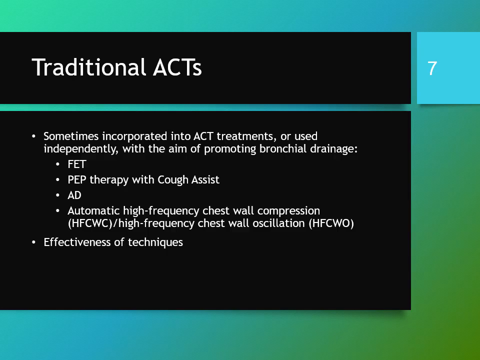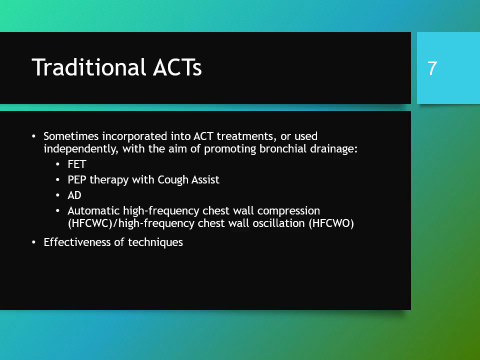That brings us to the vest. There are quite a bunch of different inflatable vests that connect to an air compressor. The air compressor produces oscillations which vibrate the outside of the chest, and it loosens and mobilizes mucus.